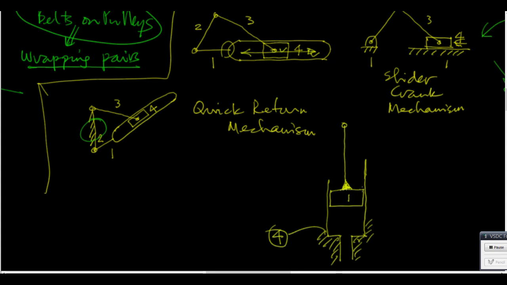Okay. 4 is connected to 3 through a hinge. That hinge we will draw here. This is link 3. This also is link 1. This is 4. Between 3 and 1 with a revolute joint at both ends is 2. That is 2. I will draw it slightly bent. This is 2.